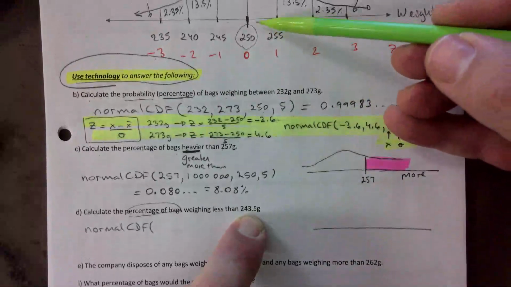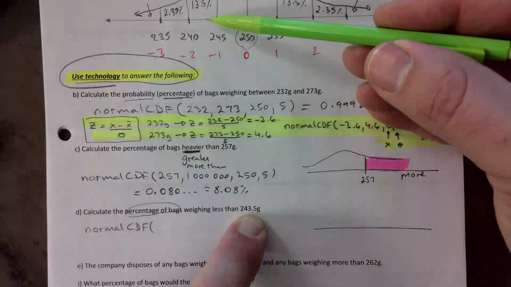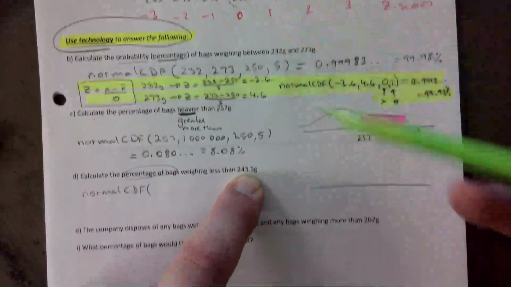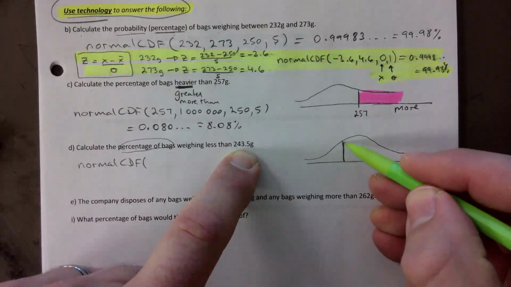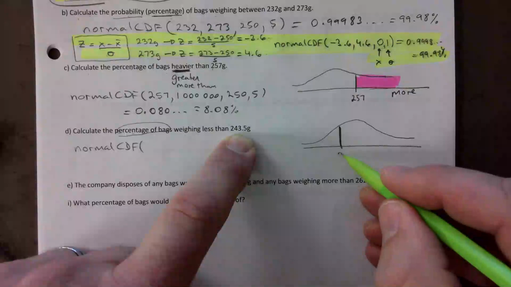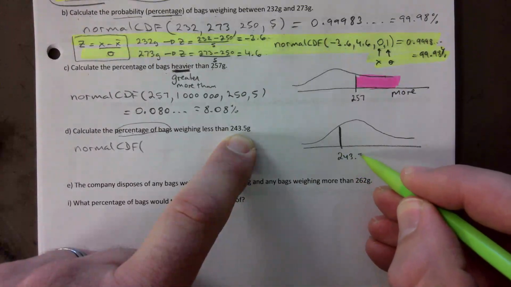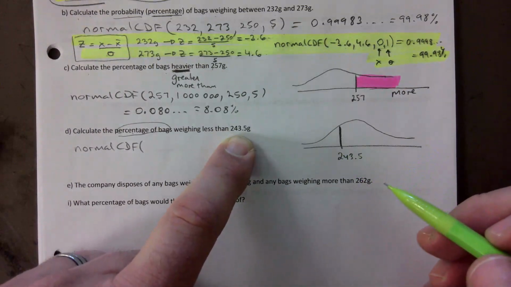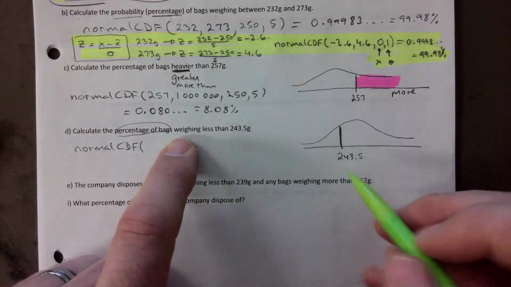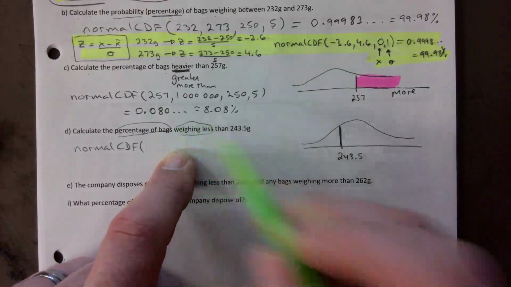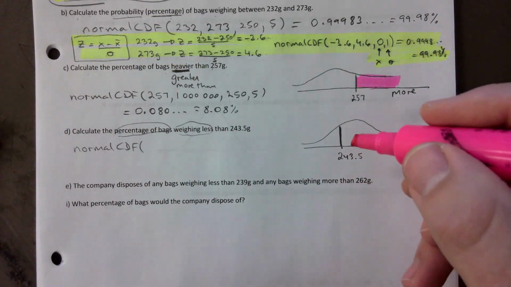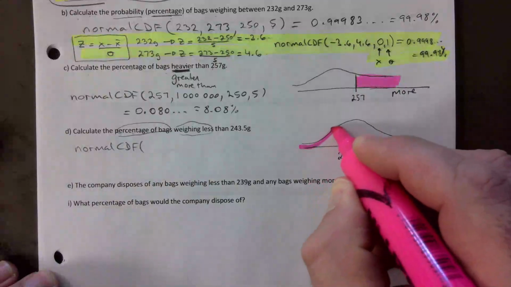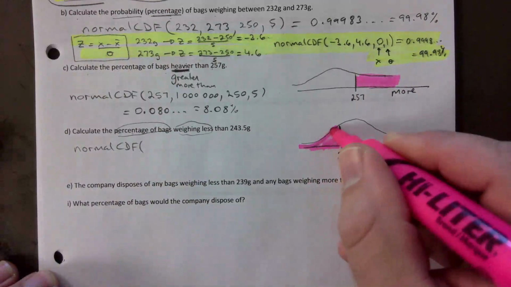Where's 243? It's somewhere here to the left of the mean, right? So if I draw my bell curve, it's somewhere in here. That's 243.5. It says weighing less, correct? So which side of the curve am I trying to find in terms of percentages? Left. This is what I want, okay?